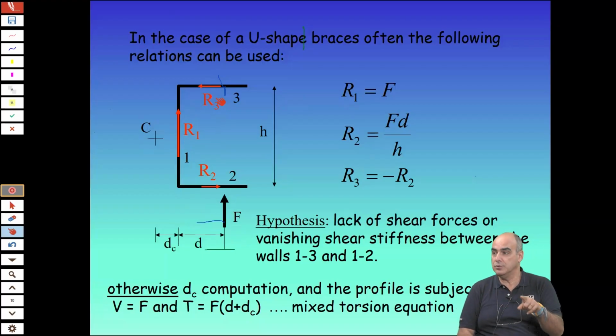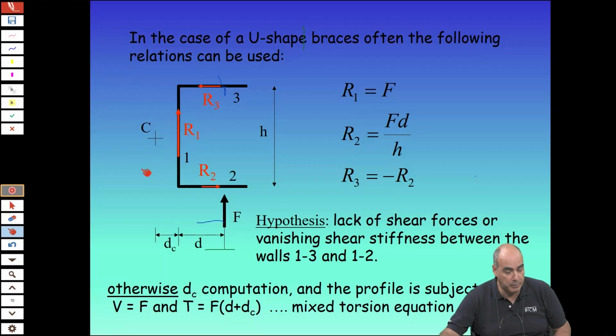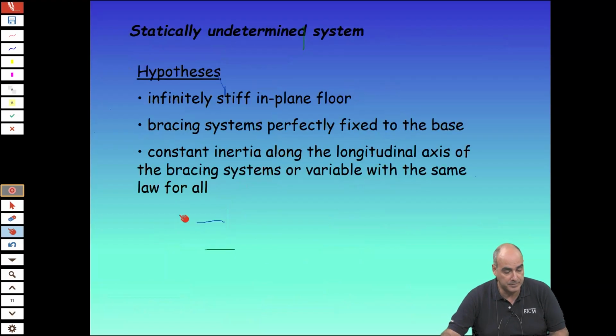So this is just to show you that even if, for the force, the elements participate in the lateral load only when the force is parallel to their main stiffness axis, for torsional effects, all the elements participate. And this is something very important that we have to consider.